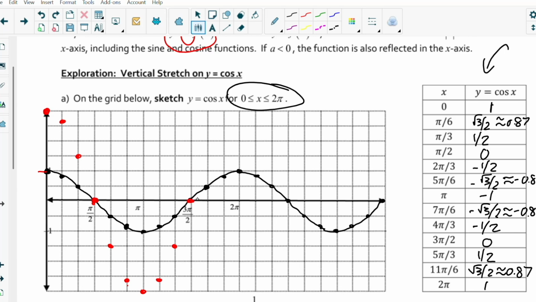So I'm going to plot all these points. There, 1, 2, 3. Okay, and then let's keep going. Let's just finish this all the way out. Okay. And we're going to have this nice looking sinusoidal curve here.